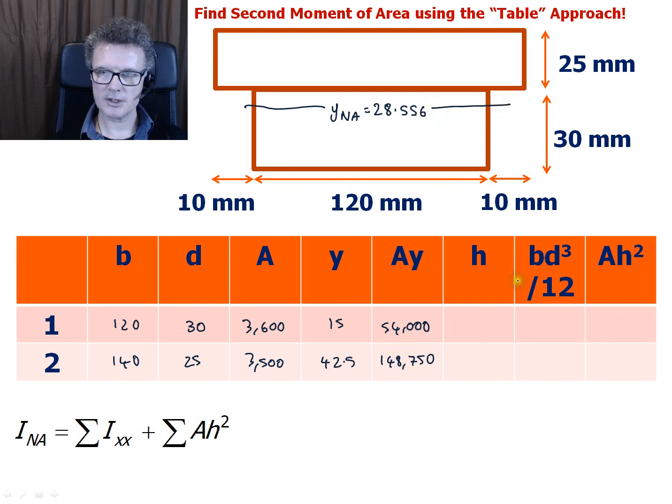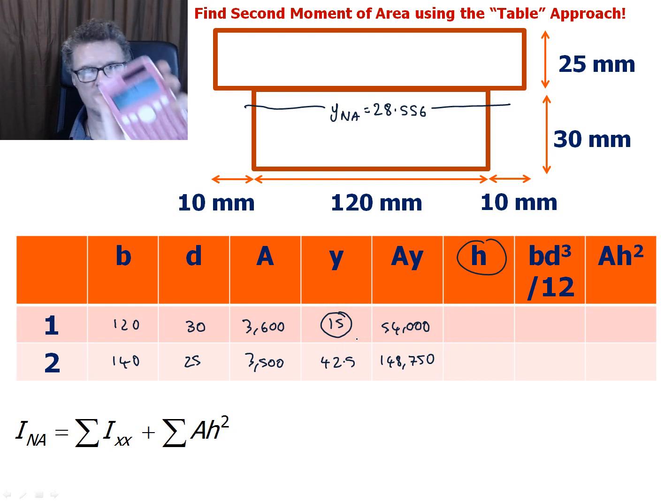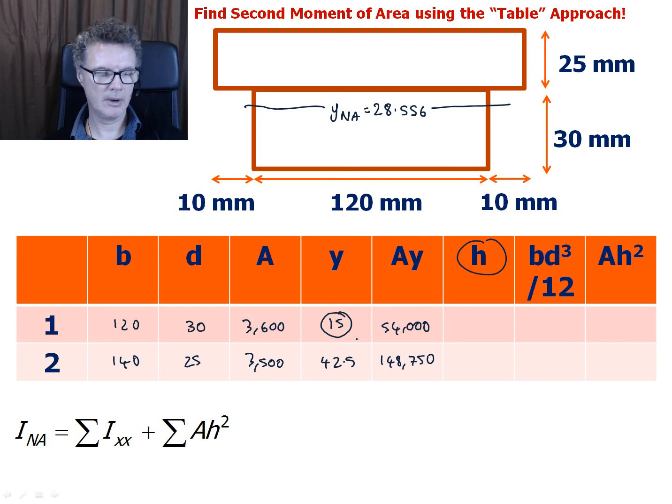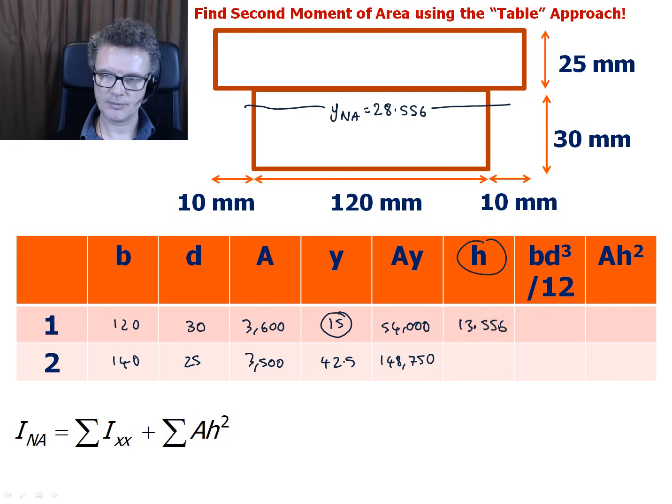Okay, so now I'm ready to do my H. I can look back at my previous Y here. So I can go 28.556, take away 15, and that gives me 13.556.